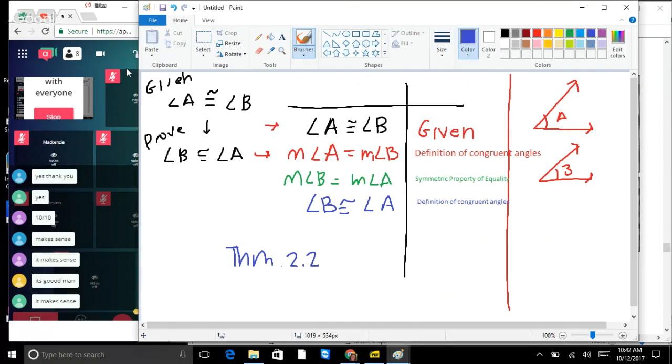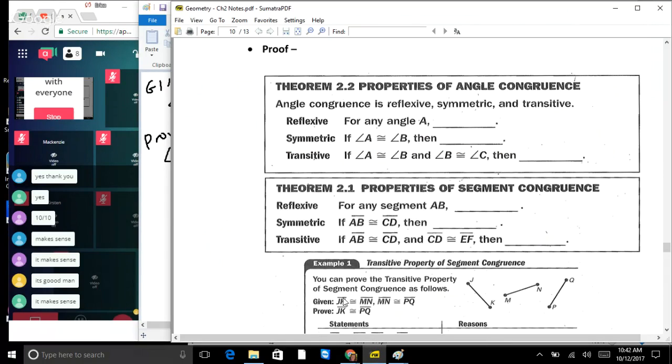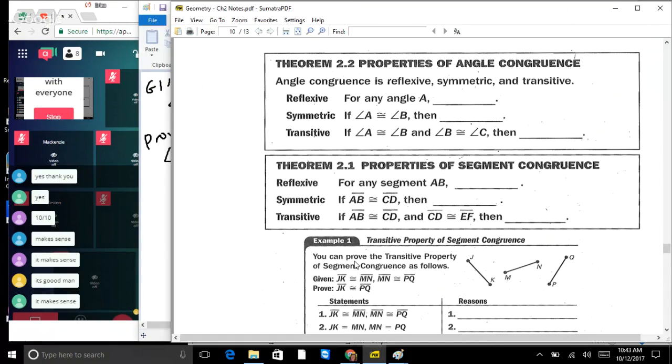In 2.6, you're going to be practicing lots of proofs. So this is where you're going to want to go back and pay attention to all your different definitions and properties and now these theorems that we have. We're going to pull them all together.